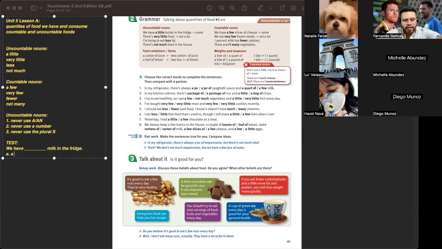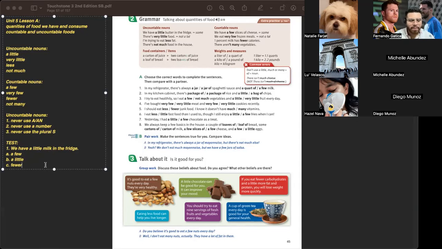It's gonna be A, a few, B, a little, or C, fewer. What would be correct, class? B, a little. Why, Lou? Because milk is uncountable. Yes. Milk is uncountable.